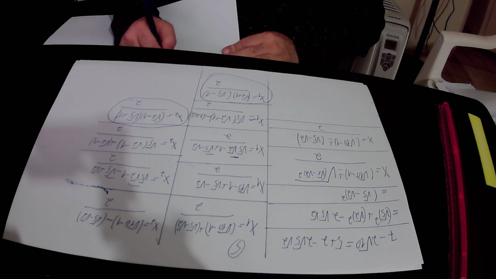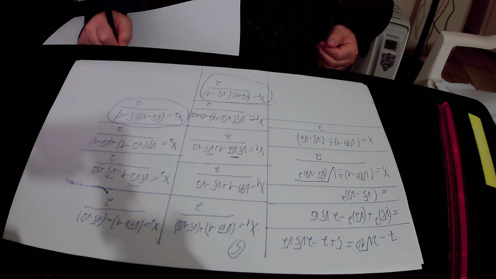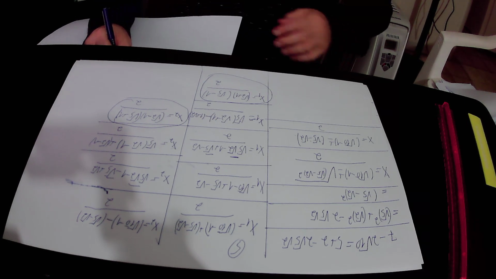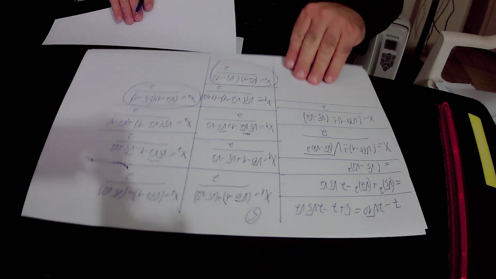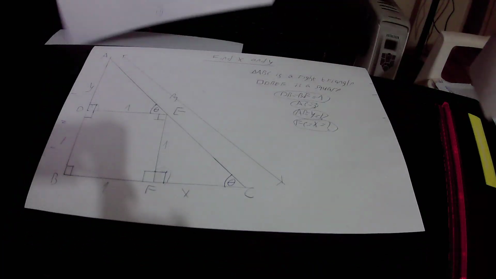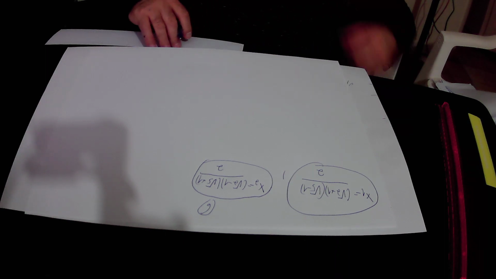And we also found out that x2 equals square root of 2 minus 1 times square root of 5 plus 1, all divided by 2. So those are the two expressions for x1 and x2.